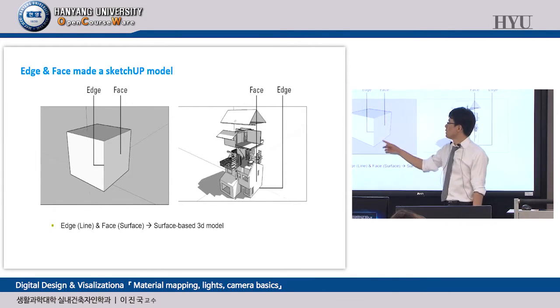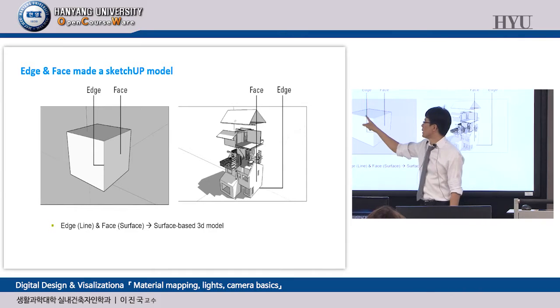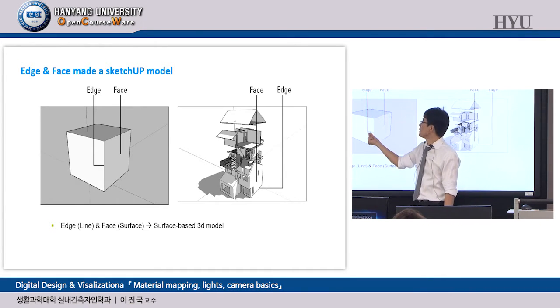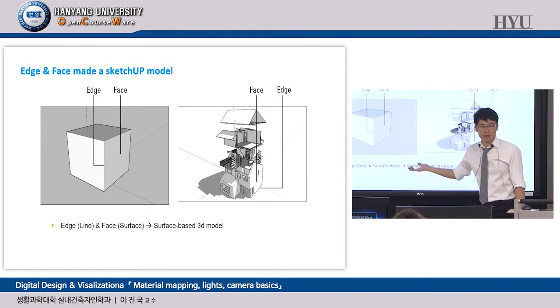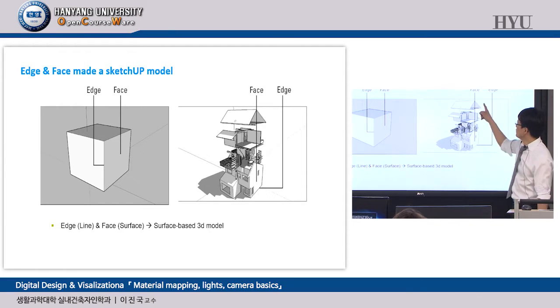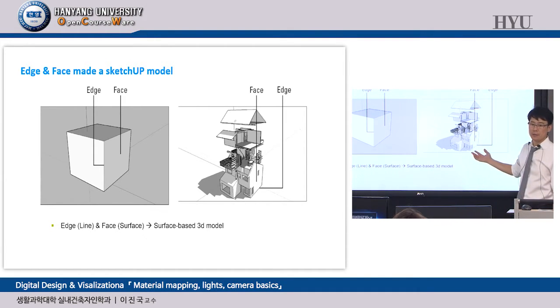In surface 3D, there are edges, faces, as well as vertices. So controlling edge, controlling face, controlling vertex, that means controlling geometry. Even this kind of house building model is some type of polygon-based, surface-based model.